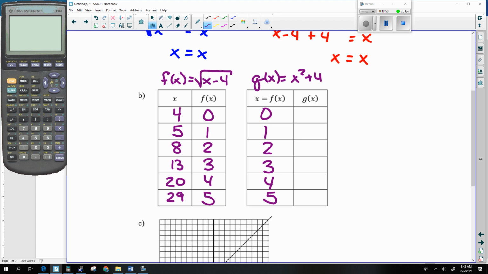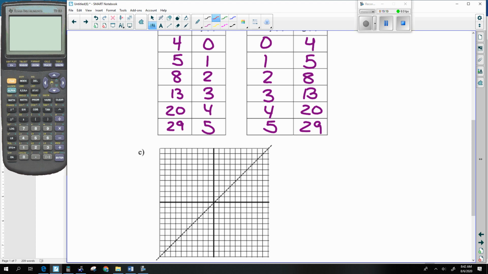So 0 plus 4, 1 plus 4, 4 plus 4, 9 plus 4, 16 plus 4, and 25 plus 4. Okay, so inverses they are so far.